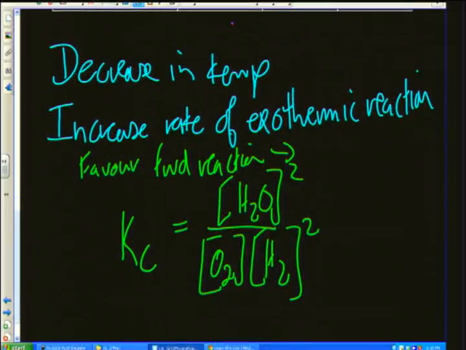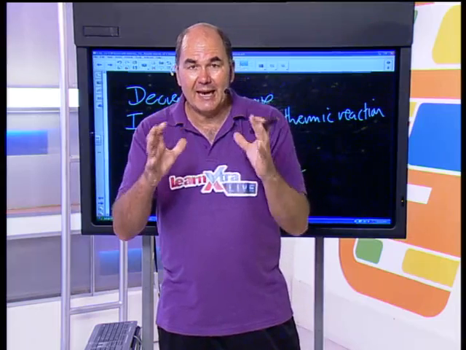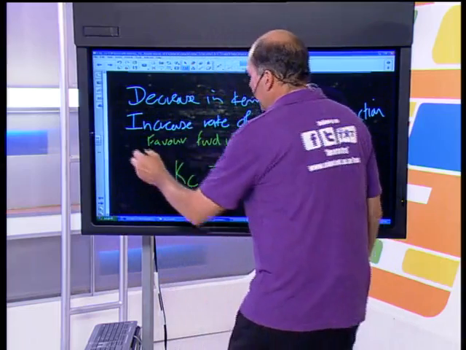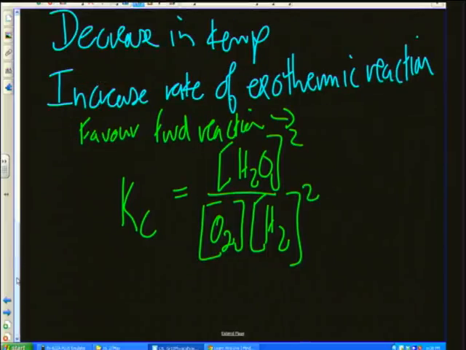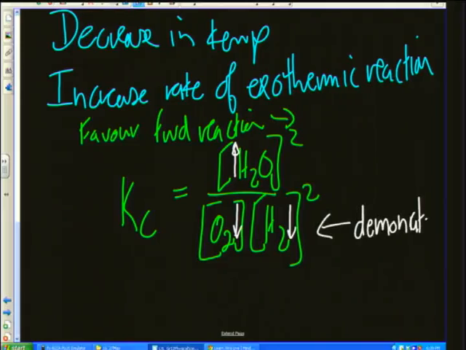So now have a look at this expression, Kc expression, very carefully. Remember what we've said. We've said that, first of all, this is going to increase, but these two are going to decrease. Guys, this is a denominator. This is the numerator.